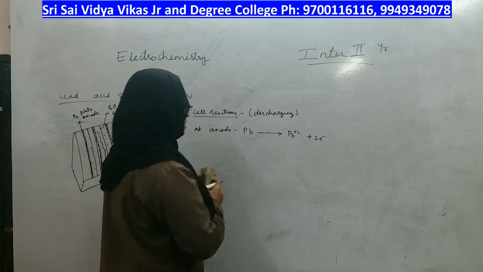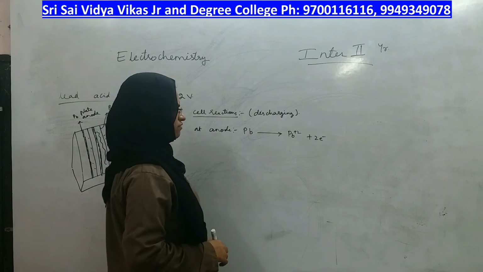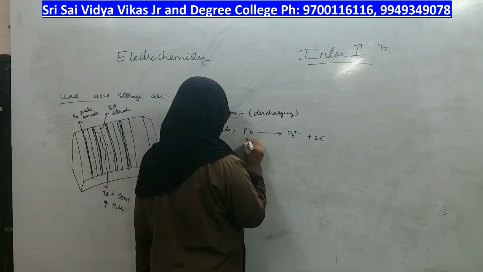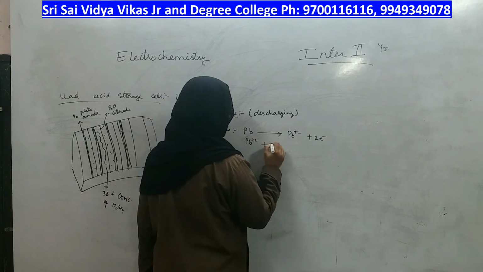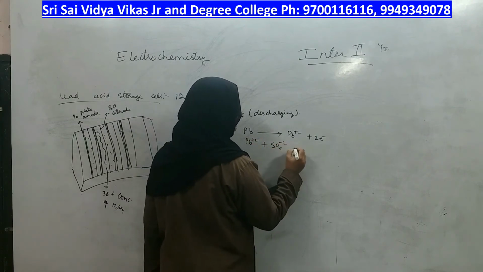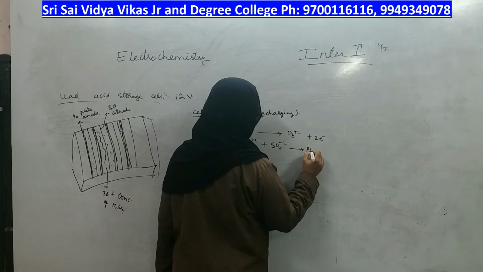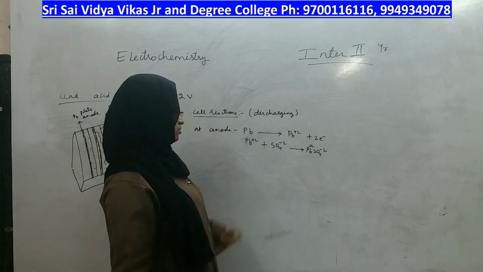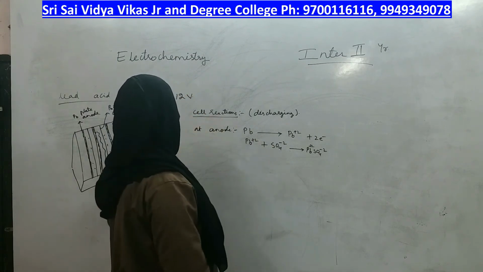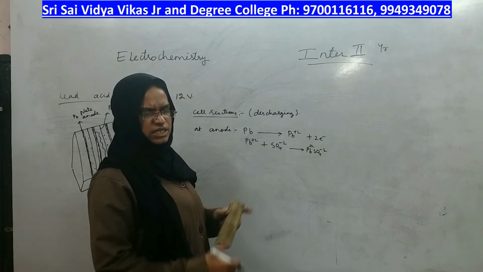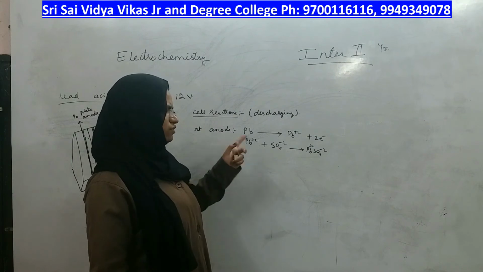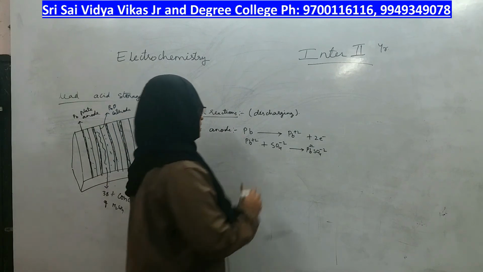At anode, lead undergoes oxidation to give lead plus 2, and that lead plus 2 takes sulfate ion from the solution and gives lead sulfate. Right? That lead plus 2 ion takes sulfate from the solution. Solution has sulfuric acid, H plus ions and SO4 minus ions. From that sulfuric acid, SO4 minus ion will be taken by lead plus 2 ion.